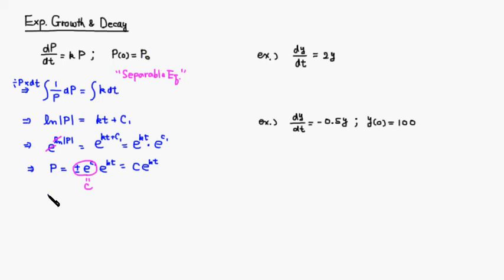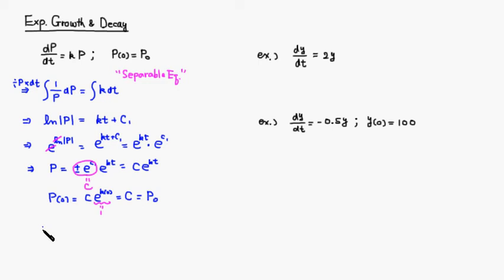So P of 0 is c times e to the k times 0, but e to the 0 is 1, so this is equal to c, which is supposed to be P0.